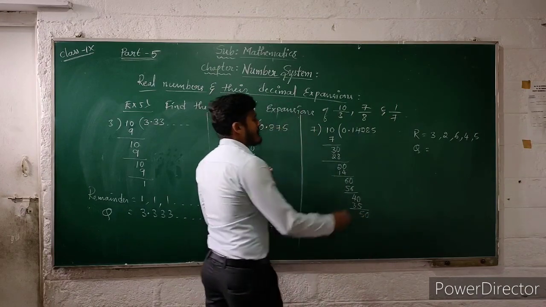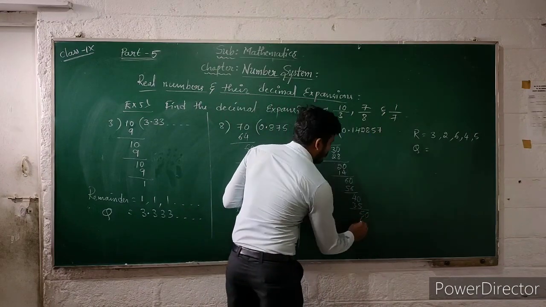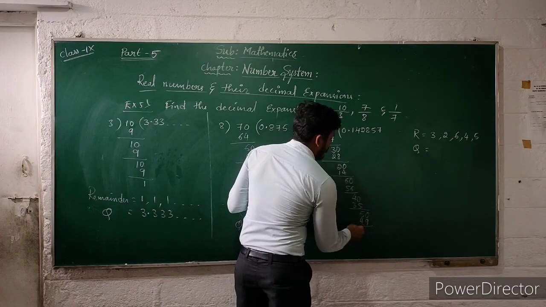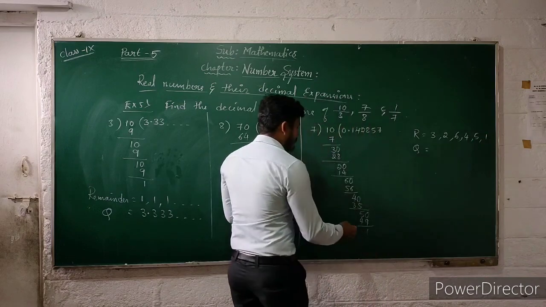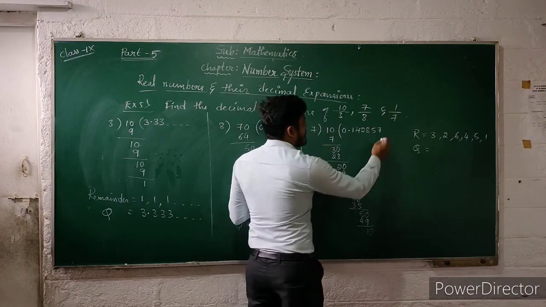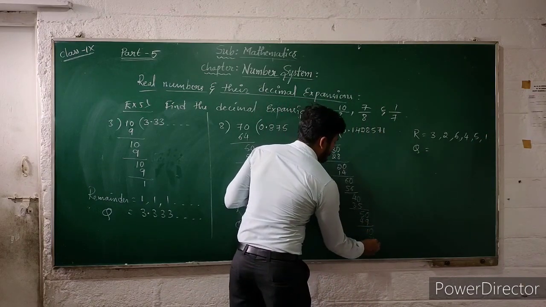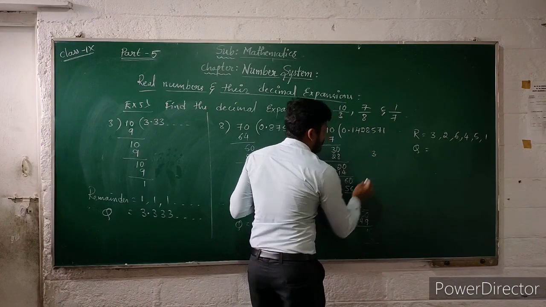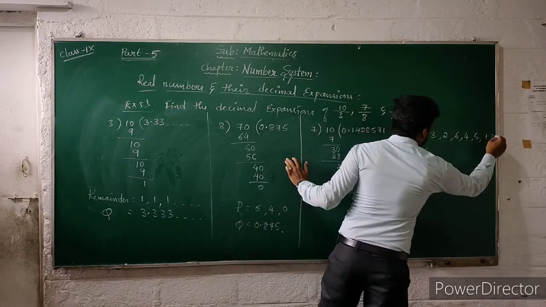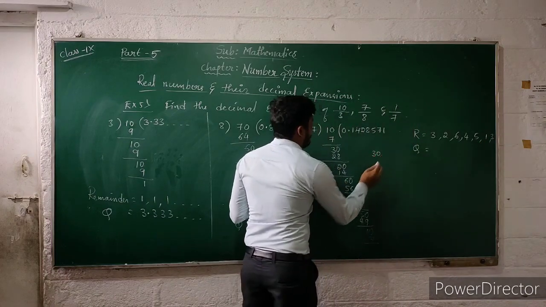So then 7 7s are 49. Then 1 is remaining. So write down 1 here. And then take 0. Then 7 1s are 7. So then 3 is remaining. Write down 3 here. Here the remainder is 3. So then carry 0 here.